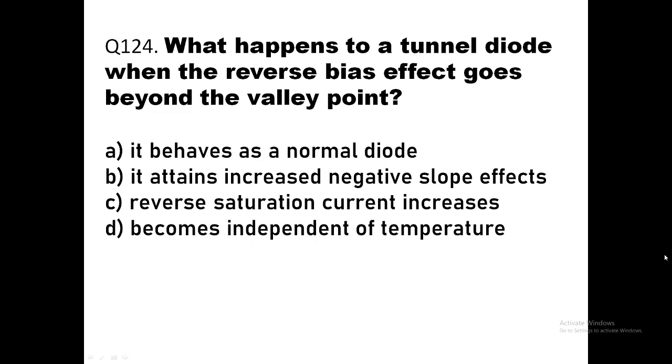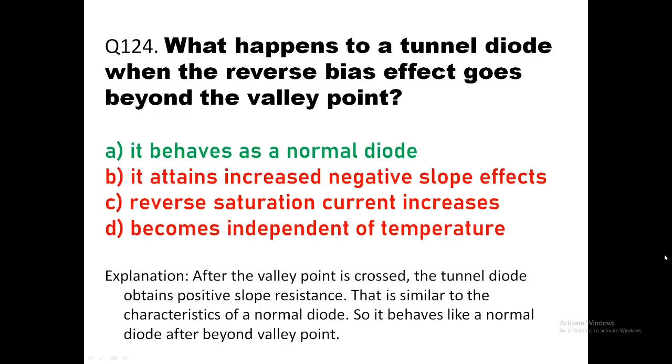Afterwards, when you increase the voltage, the current will decrease for some time, and after it reaches the valley point, that is the least point, then again if you increase the voltage, the current will linearly increase. It will behave as a normal diode. So here, what happens to a tunnel diode when the reverse bias effect goes beyond the valley point means after the valley point it behaves as a normal diode.